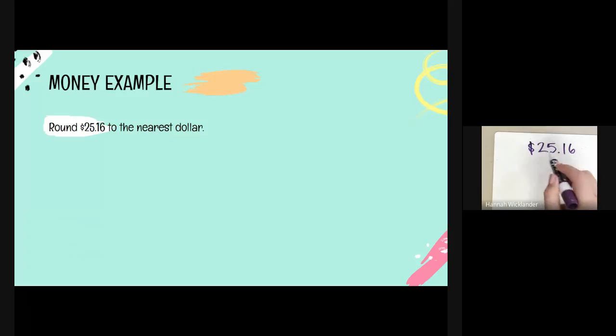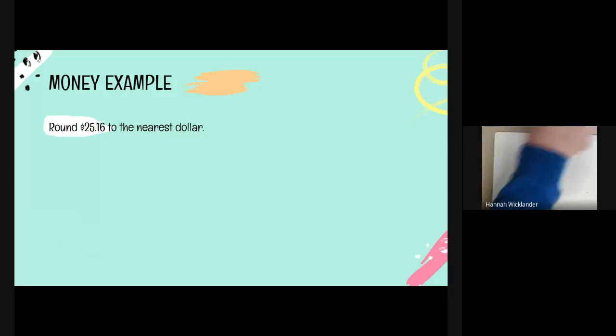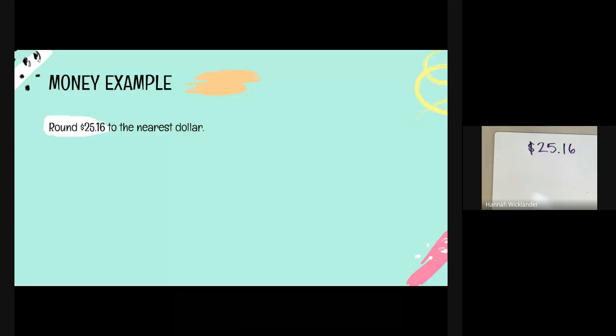Which number? 2, 5, 1, or 6? Okay, yes, 5 is in the dollar place, so I'm going to underline that.